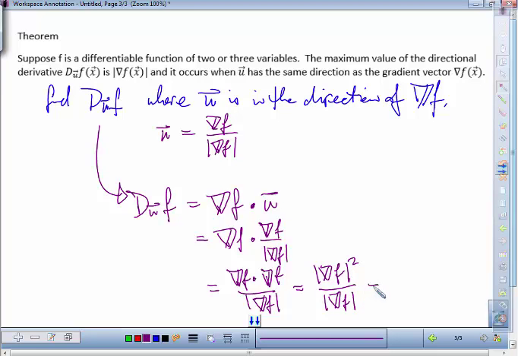And so now we're just dealing with constants. And now it's just the gradient of f magnitude. Okay?